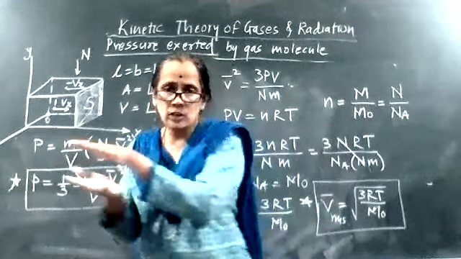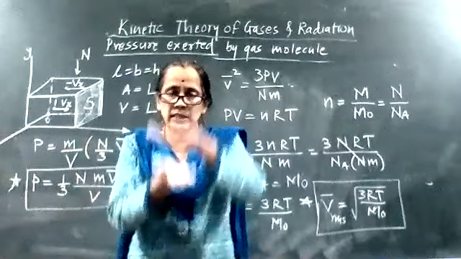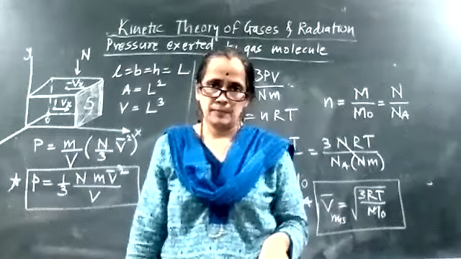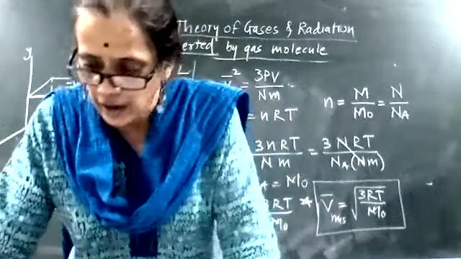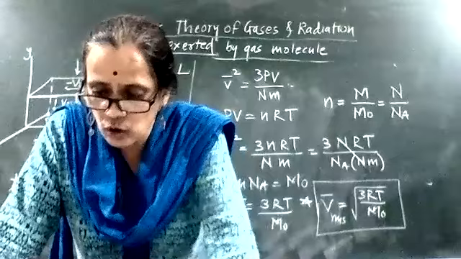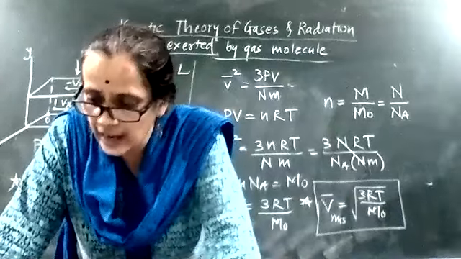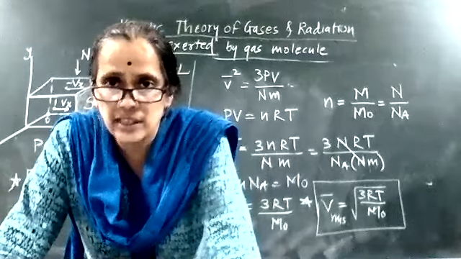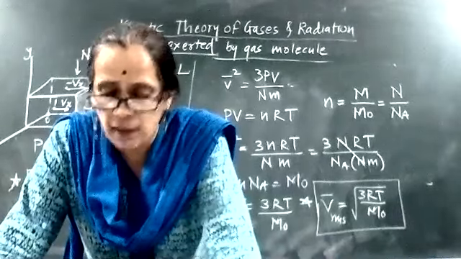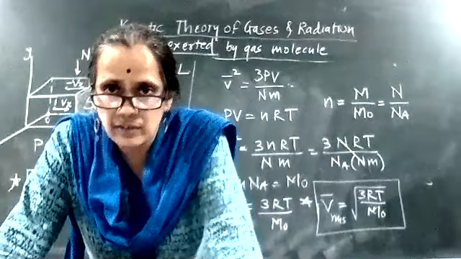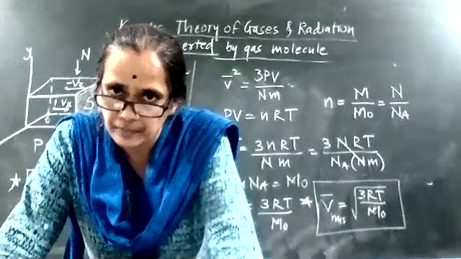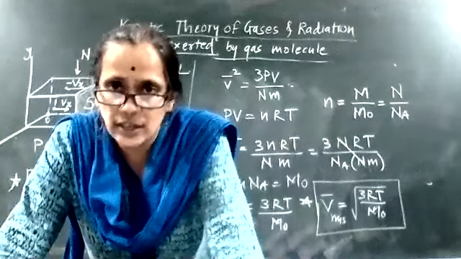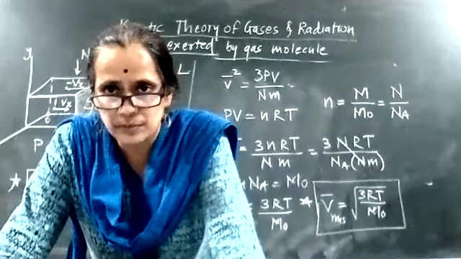N by 3 molecules go to the x-axis, N by 3 to the y-axis, and N by 3 to the z-axis. Therefore, I can replace Vx square bar as 1 by 3 V square bar, and then I get equation number 3.10. Clear? And that is nothing but the pressure exerted by the gas molecules.